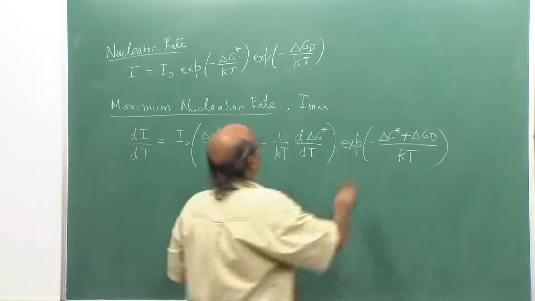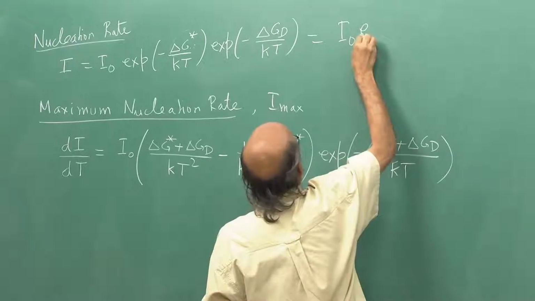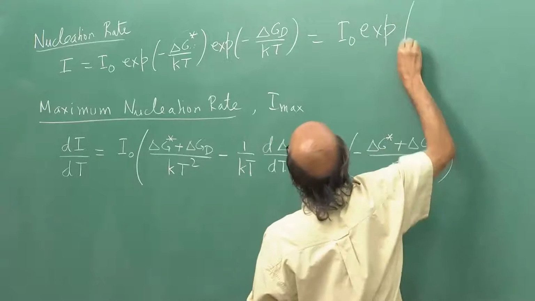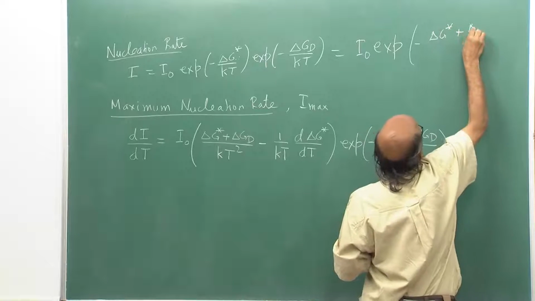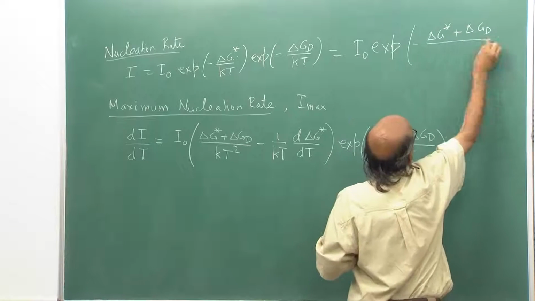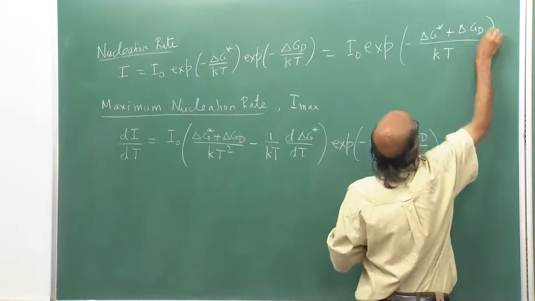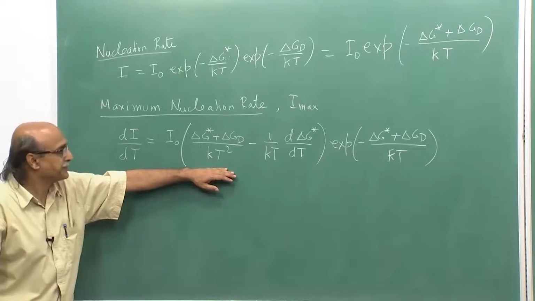Just to make things easy, you can start with the expression I naught exponential minus, put both the delta G star and the delta GD term in the same exponential. So, start from here and you will easily reach this step.